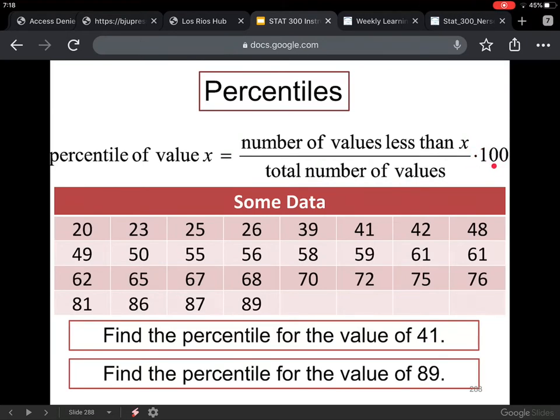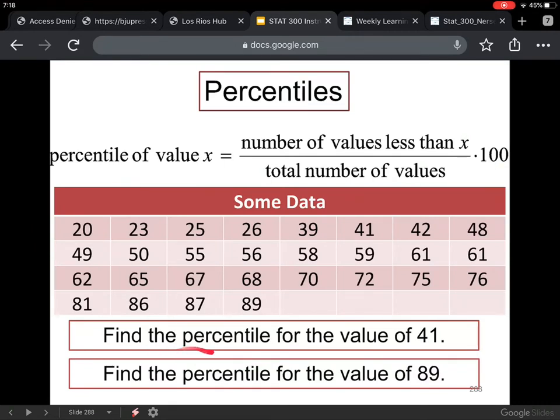Think about this. You're taking the number of values that are less than X, dividing by the total number of values, and that gives you a percentile, or a percentage of people below that value. So we can do these calculations right here. Notice, please, that I already have done the very important thing of listing the data points from least to greatest, right?